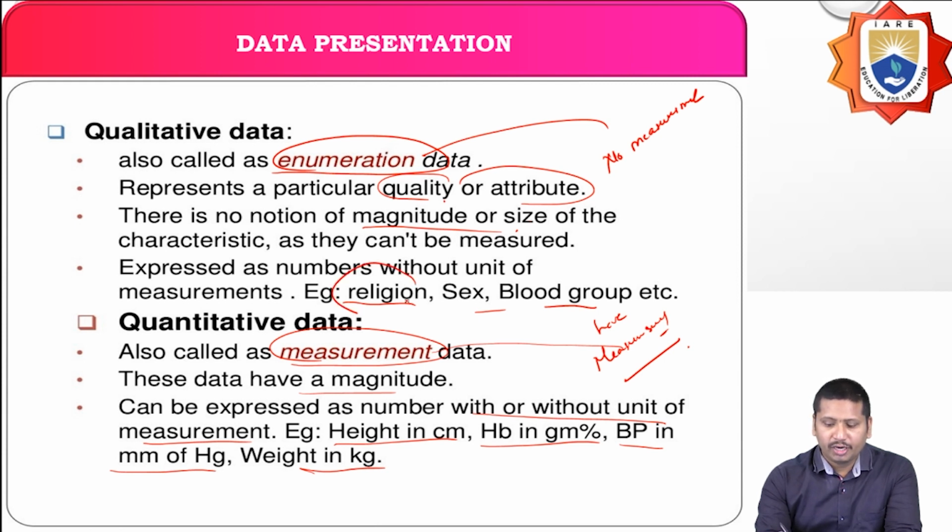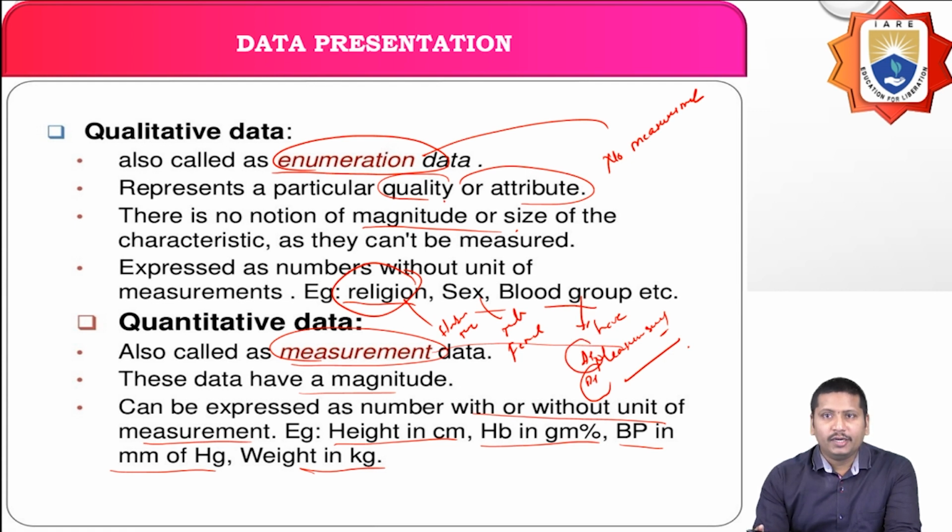Examples may be religion, whether Hindu or Muslim, sex as male or female, and blood group like A plus, B plus. There are no measurements here.